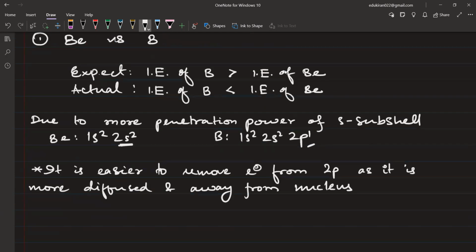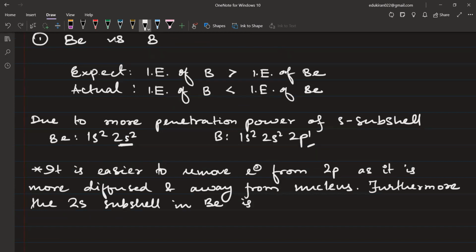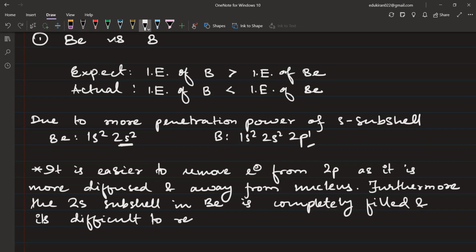Furthermore, the 2s subshell in beryllium is completely filled and it's difficult to remove electron from Be.